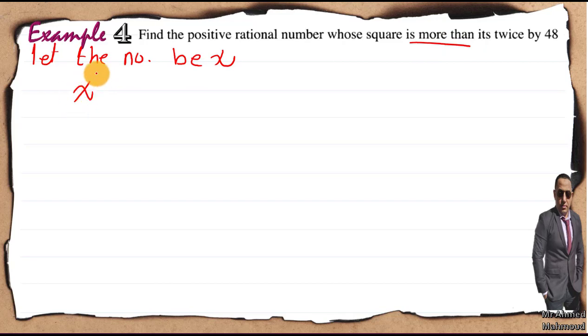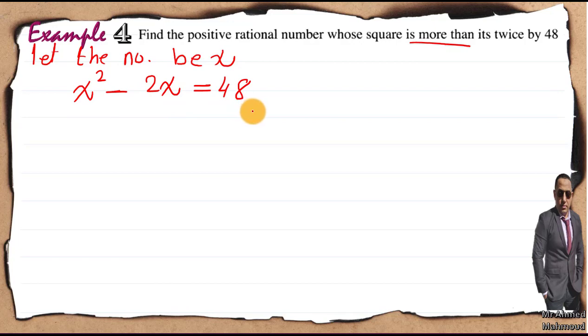Square means x power of 2. Is more than its twice. More than its twice minus its twice, which is 2x, by 48.